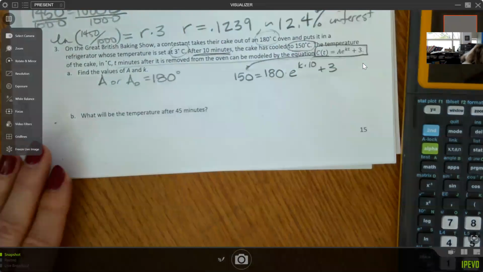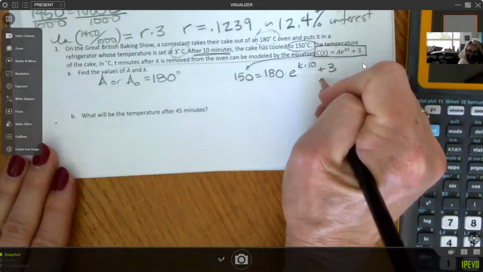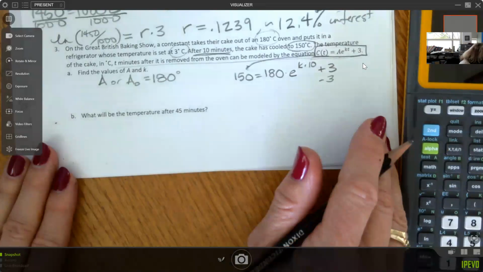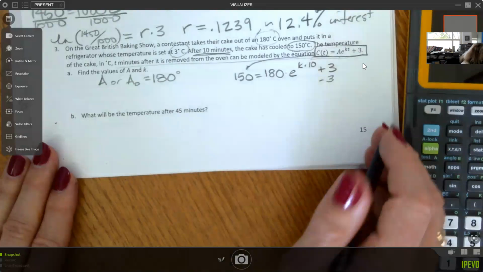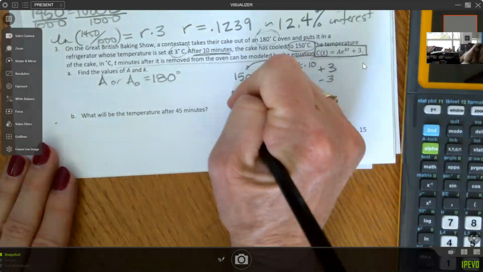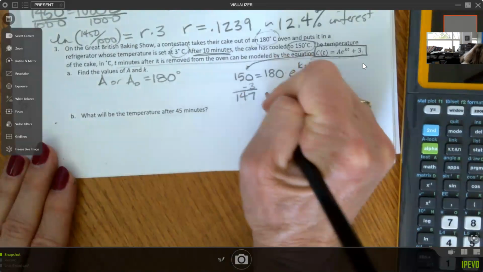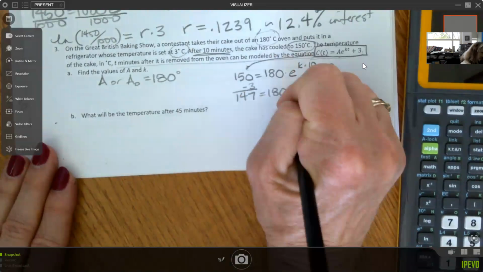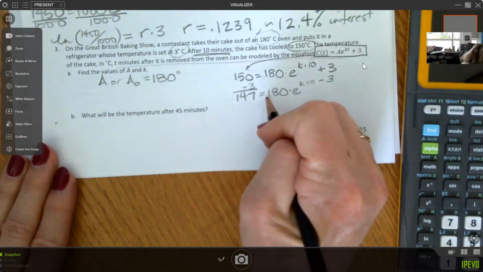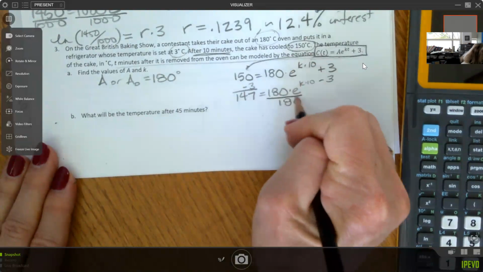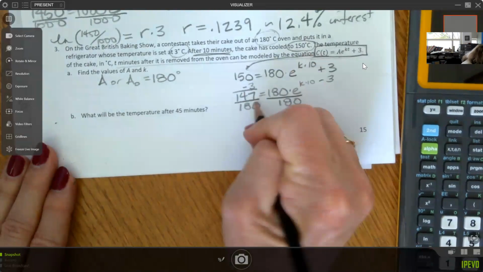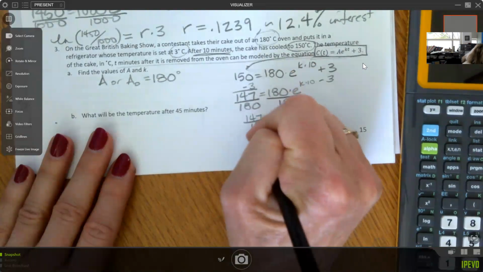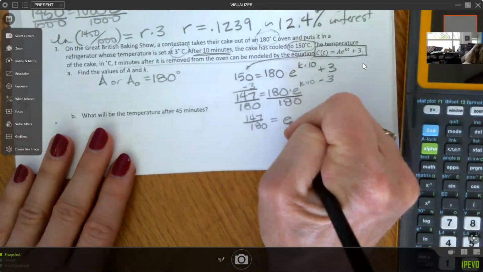So the first thing I do is I subtract 3, because this is why we practice those steps in Tuesday's lesson. So now I've got 147 equals 180 times e to the K times 10. Now I divide both sides by 180. So now I've got 147 divided by 180 equals e to the K times 10.